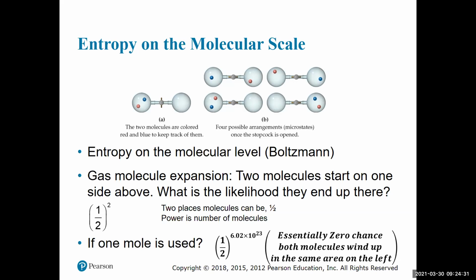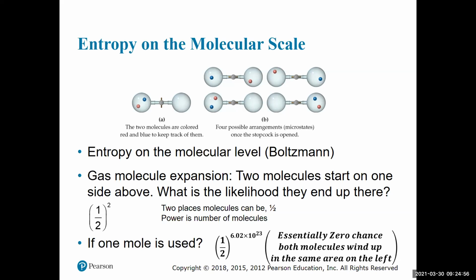But now, instead of being raised to the 2nd power, it would be raised to 6.02 times 10 to the 23rd, because that's the number of molecules in a mole. I certainly didn't bother to calculate that out, but I know it's a really tiny number, essentially 0.